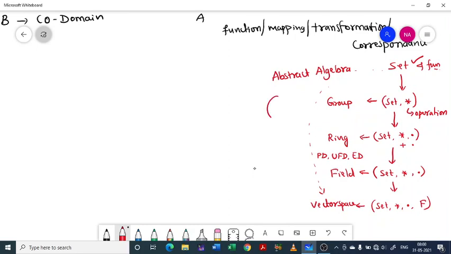If this is a group, then we study its substructure, and this is called a subgroup. Wherever you find details on groups, you definitely find details on subgroups also. And when we study rings, we study their substructure. It is not called a subring, but it is called an ideal.